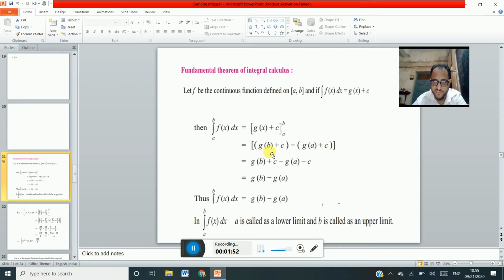See here, g of b plus c, minus the lower limit, that is g of a plus c, right? So substitution of the limit is upper limit minus lower limit after solving the integral. After finding the answer of the integral, we have to substitute the limit and simplify.